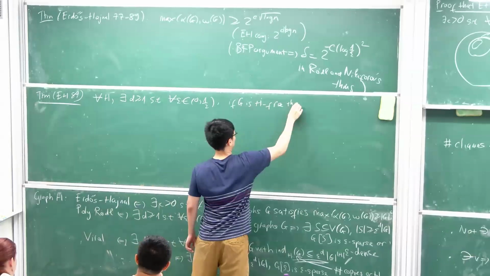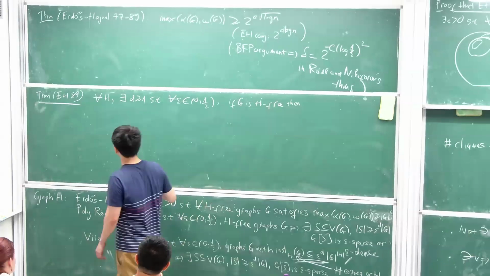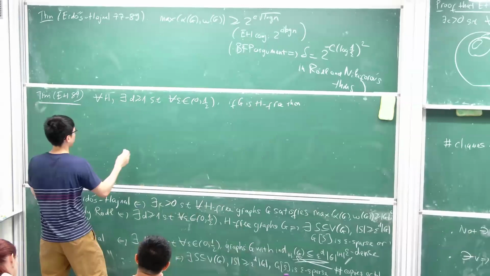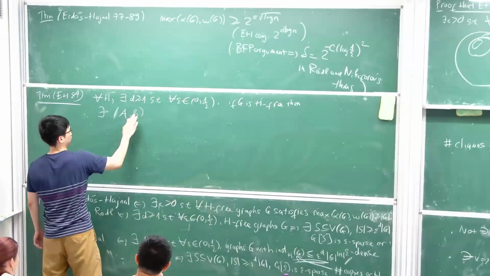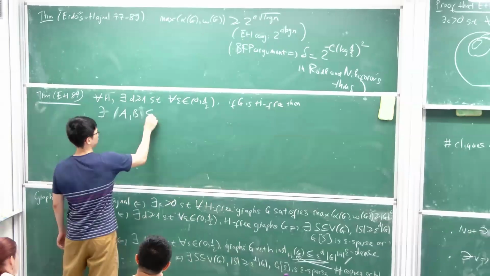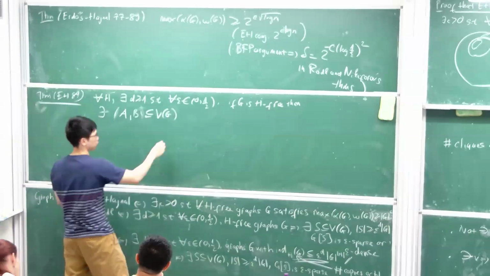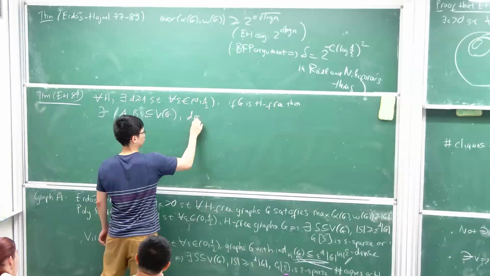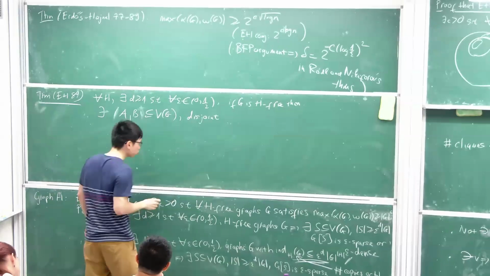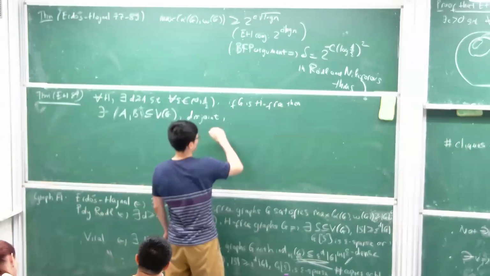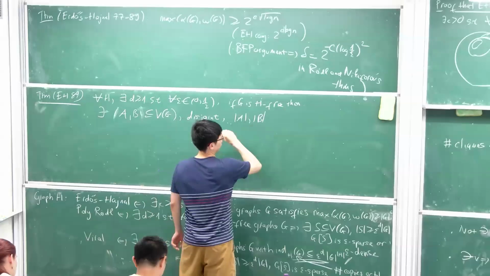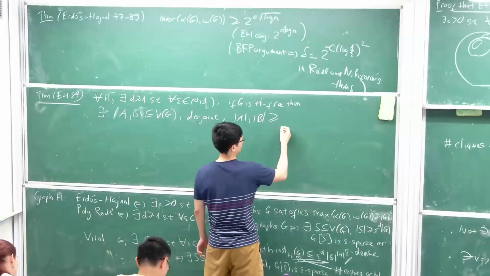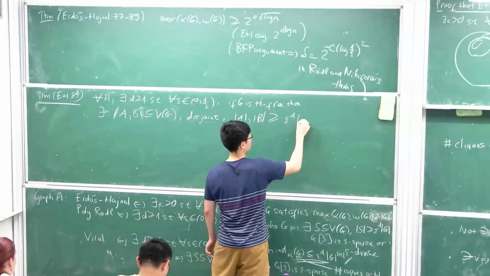then there is a pair of disjoint vertex subsets, each of size at least epsilon to the b times n.